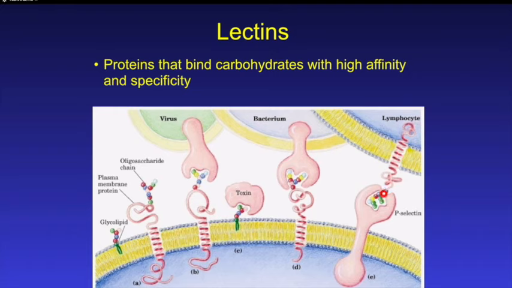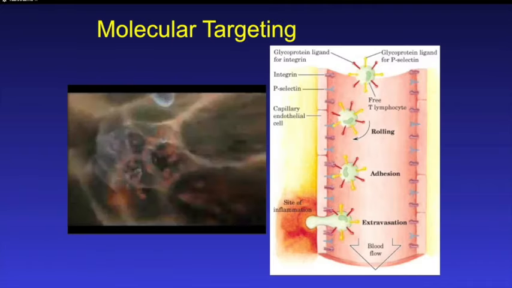The use of proteins on the outside that bind to sugars, but bacteria, viruses, and other entities, other toxins can bind directly. Now, I'm going to show you an example of how a sugar being presented on the outside and a lectin work together in terms of molecular targeting.